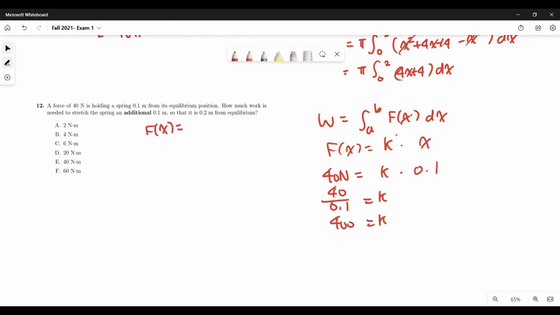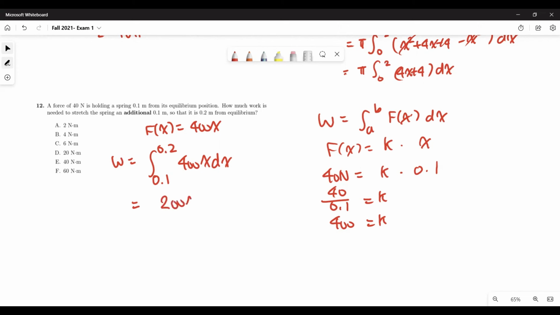So we know that the force equation is 400x. Now we want to find the work, so 400x dx, and it's stretching an additional 0.1 meter. So it's already at 0.1 and it's stretching to 0.2. So the integral from 0.1 to 0.2 of 400x dx.